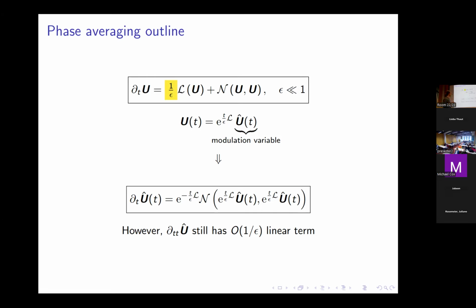But if you took a time derivative of the lower boxed equation, you'd still have a 1 over epsilon linear term. So there are still fast oscillations in this modulation variable. What phase averaging does is try to remove those fast oscillations, and the way we do it is by only averaging over these linear phases. That's why it's called phase averaging.